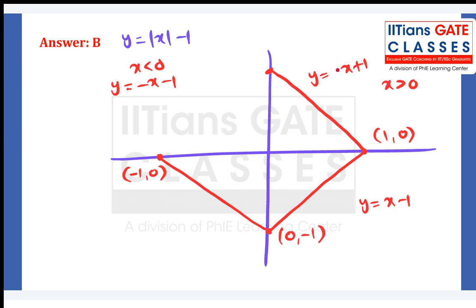Yeah, minus x plus 1 is okay. This is fine. This is the fourth, so this is the y equal to x plus 1.